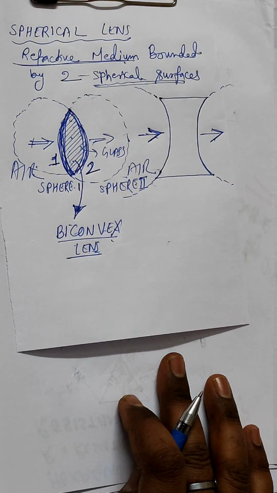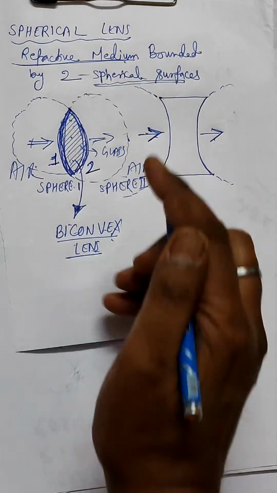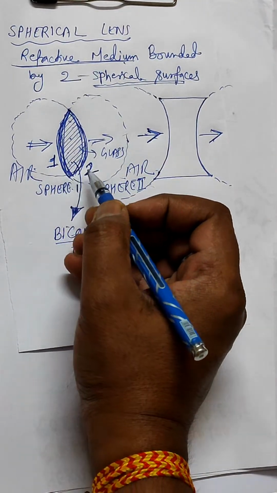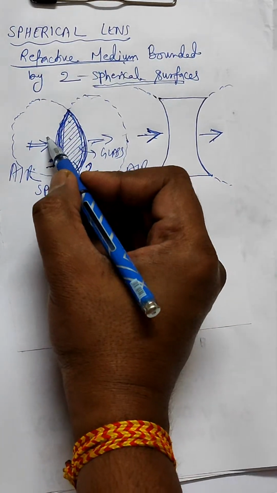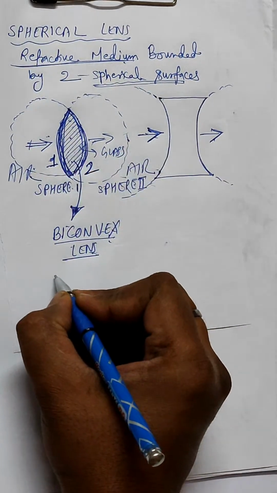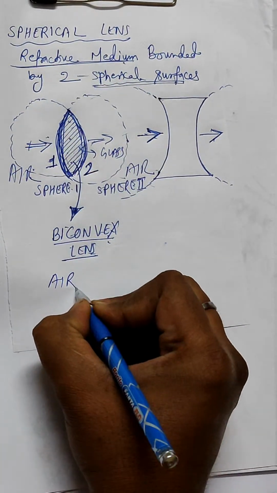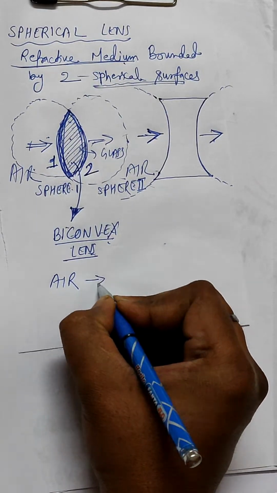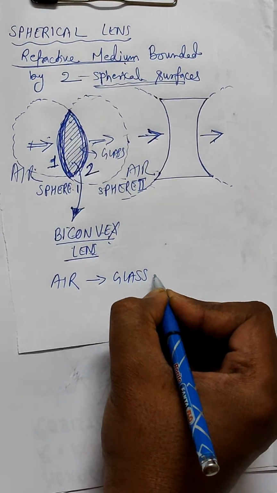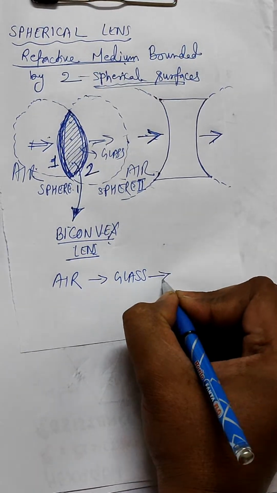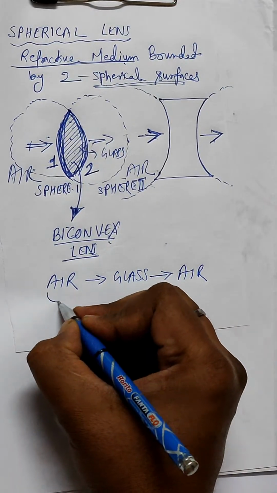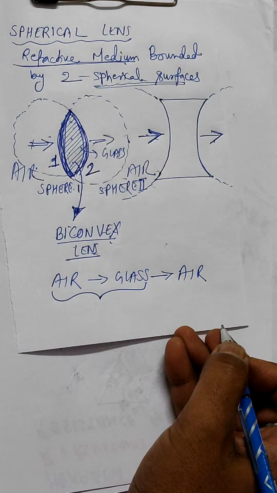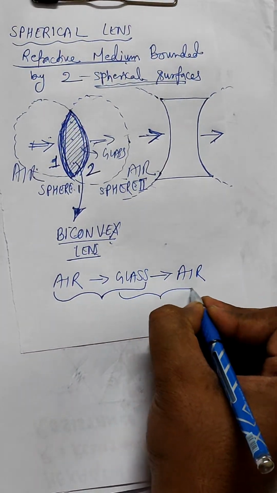Similarly, we can say that the refraction through a spherical lens can be considered as two successive refractions. Why? Because from air, here it's air, then you are going into glass, and from glass again you are exiting. So this is again air, right? So one refraction happens over here and one refraction happens over here.